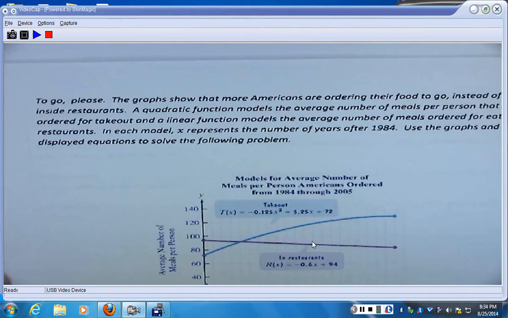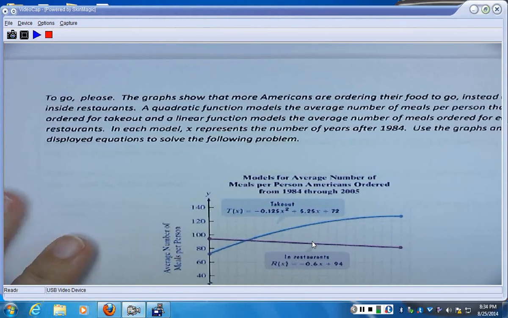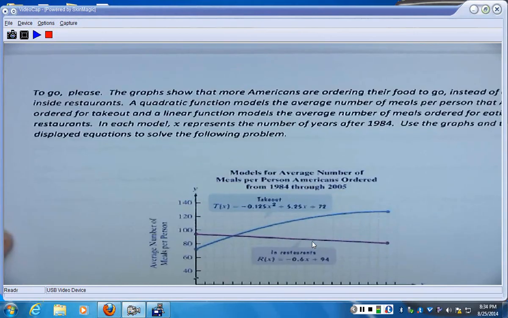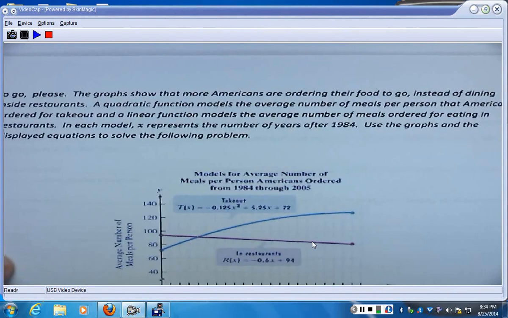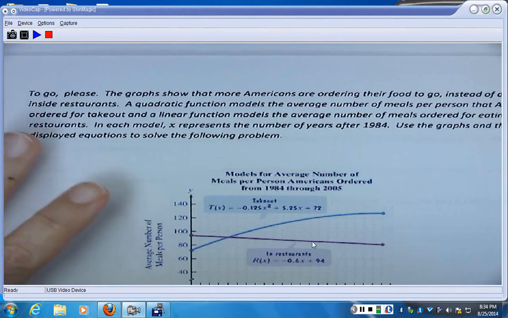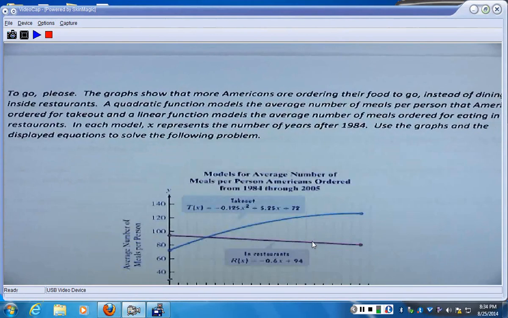So, to go, please. These graphs show that more Americans are ordering their food to go instead of dining inside restaurants. A quadratic function models the average number of meals per person that Americans ordered for takeout, and a linear function models the average number of meals ordered for eating in the restaurant.